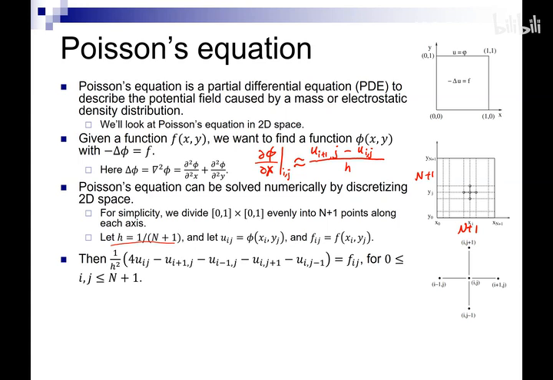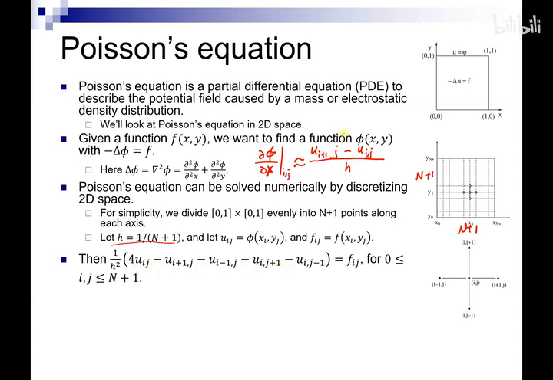But for the Poisson equation, we actually want the second derivative. You can use a very similar method to express the second derivative in x, and also the second derivative in y. If you do that, you end up with an equation like this.